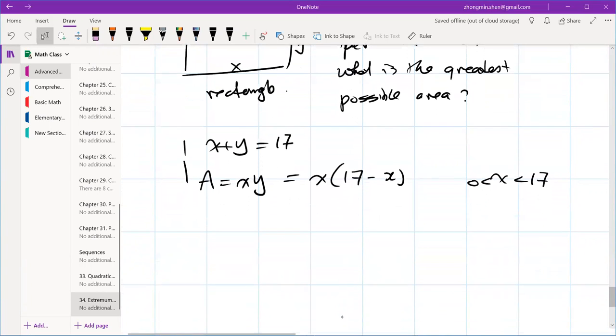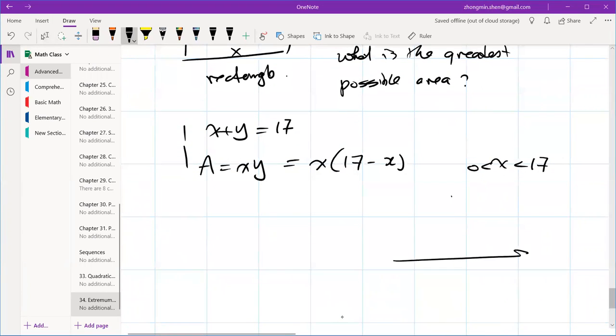All right, so now this time the graph, here is A, that's the x. Okay, I'm not going to use the y variable here. It's called the xA coordinate system. So when x equals 0, A is 0. When x equals 17, A is 0 too.